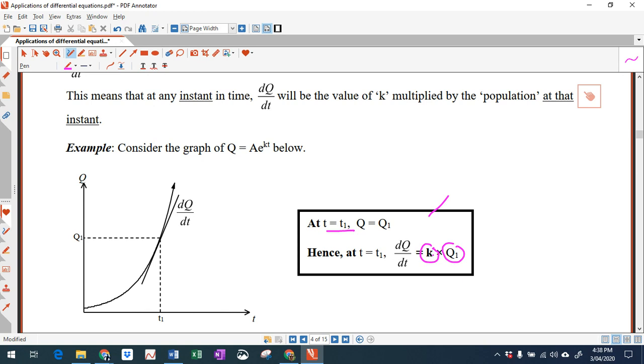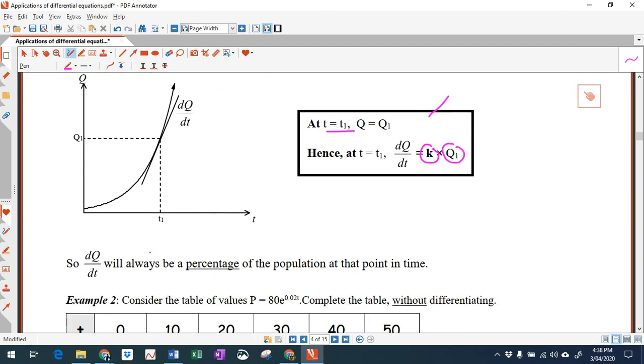As long as you know the growth constant, you just have to find what the population is at that instant, and then you can determine the instantaneous rate of change.